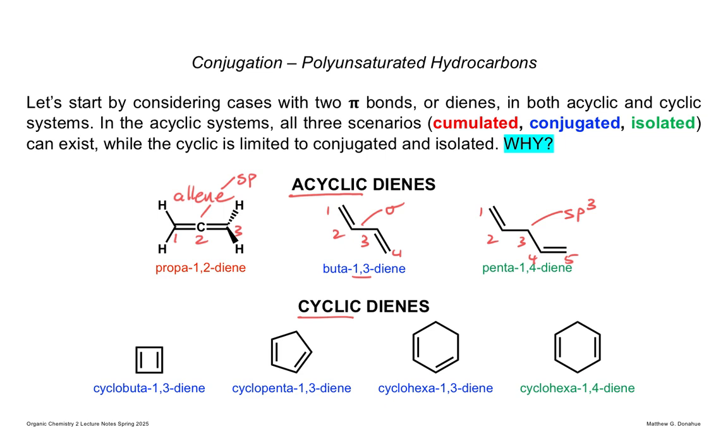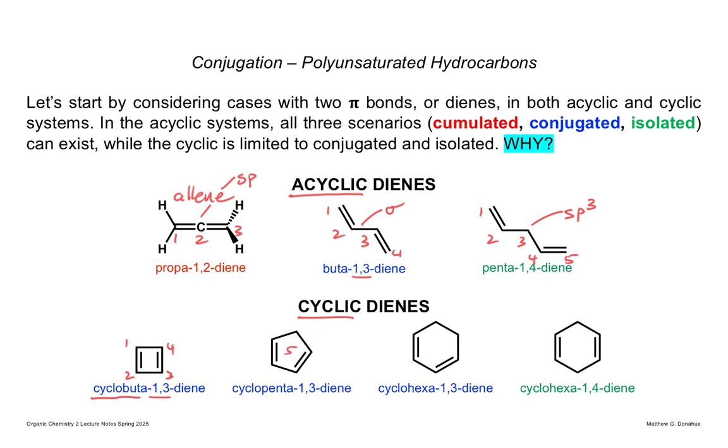Same thing here. If we number 1, 2, 3, 4, you can see the start positions at 1 and 3. And so that's a 4-membered ring, as indicated by the cyclobuta part of the nomenclature. We have a 5-membered ring.